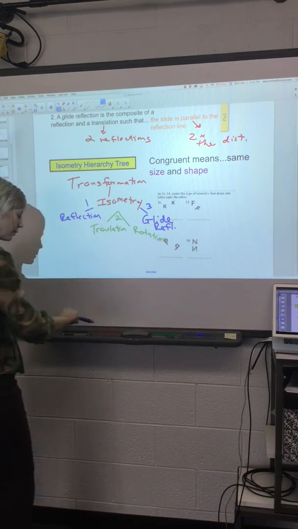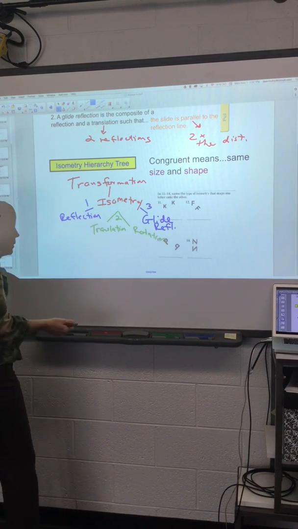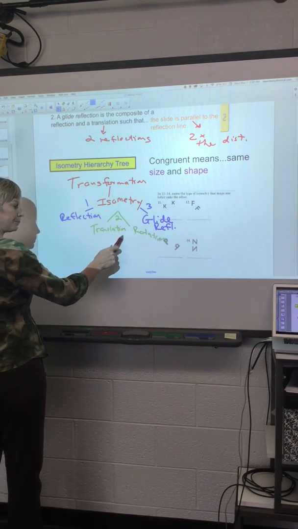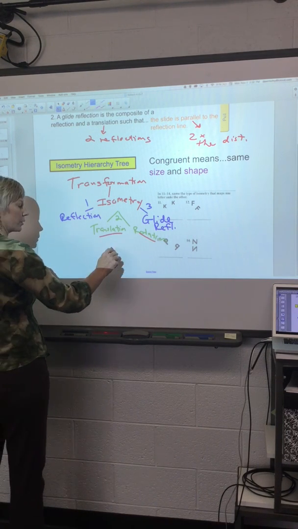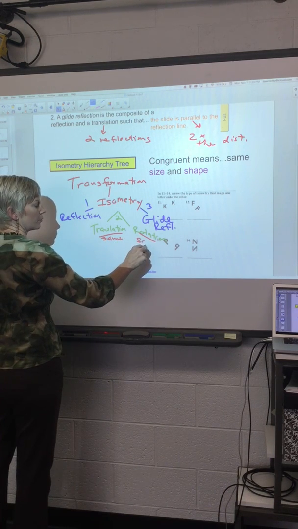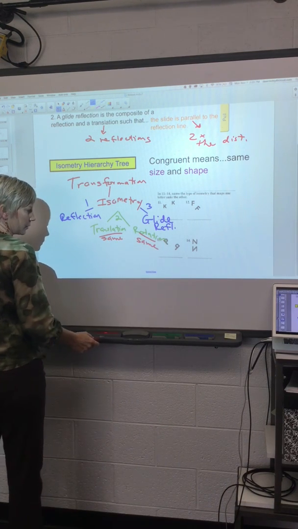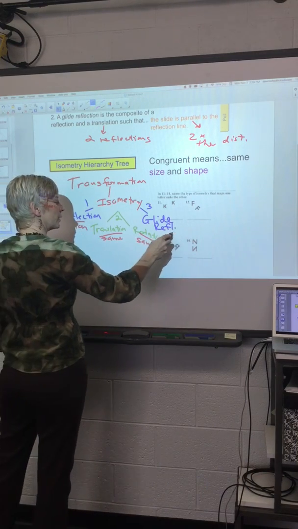1, 2, 3. So which ones keep the orientation the same? It would be the ones in the middle, the even ones. The orientation is the same because we flip it and flip it back. A single reflection is going to make the orientation switch, as will a glide reflection.